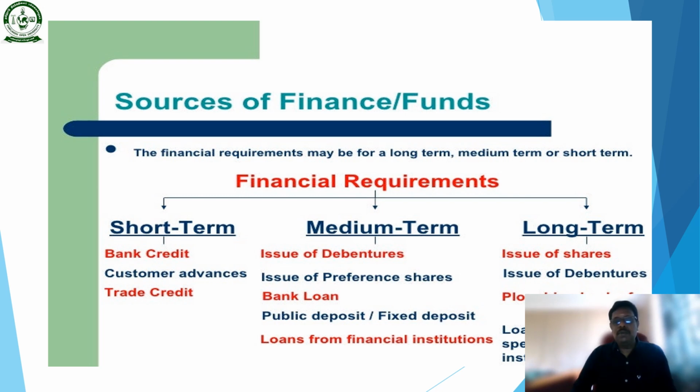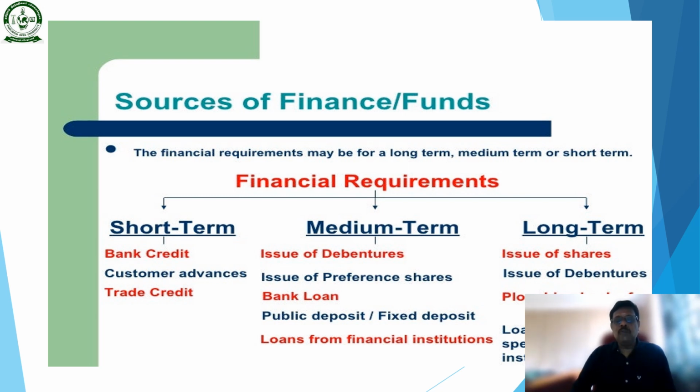Next is medium term: issue of debentures, issue of preference shares, bank loan, public deposits, loans from financial institutions. The medium term funds are between 5 to 10 years or more than 5 years.